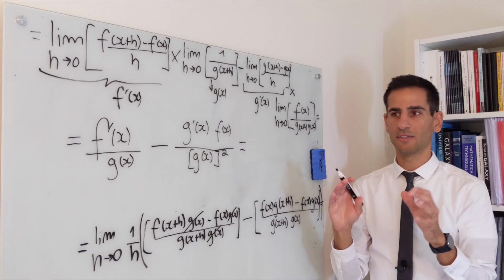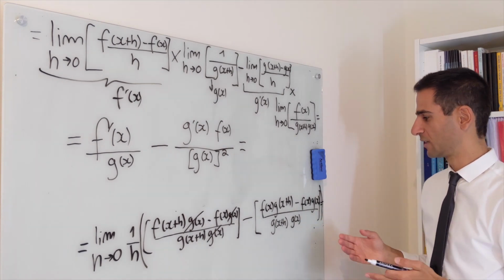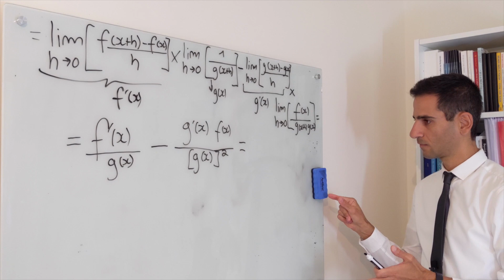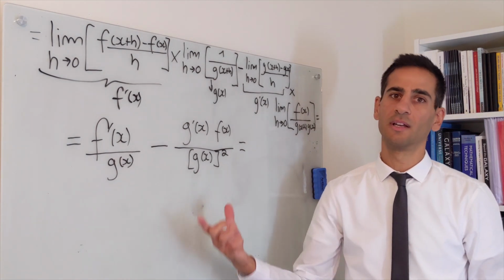We are almost there, but let's use some final physics 101 magic to get rid of this. The final step that we need now is just to find a common denominator.